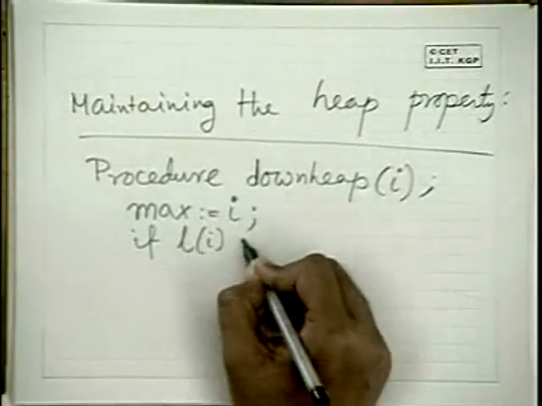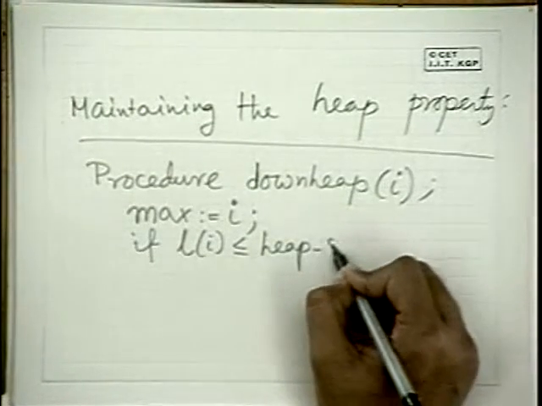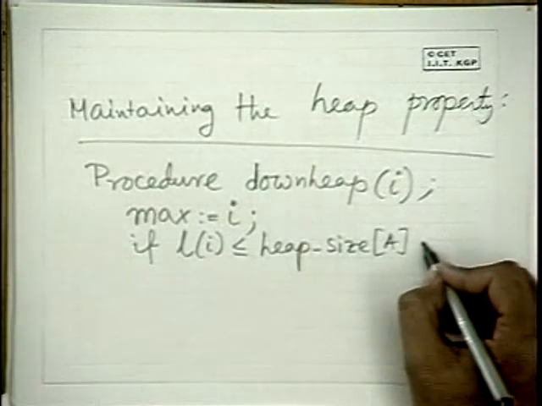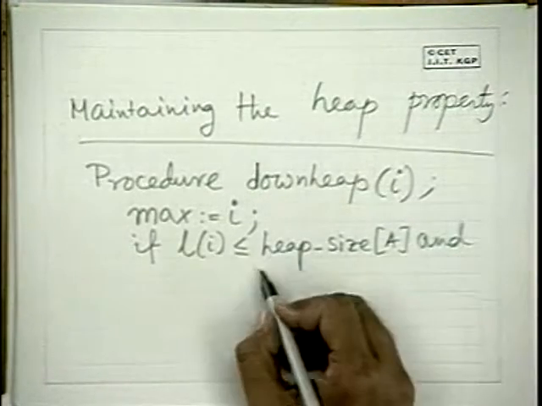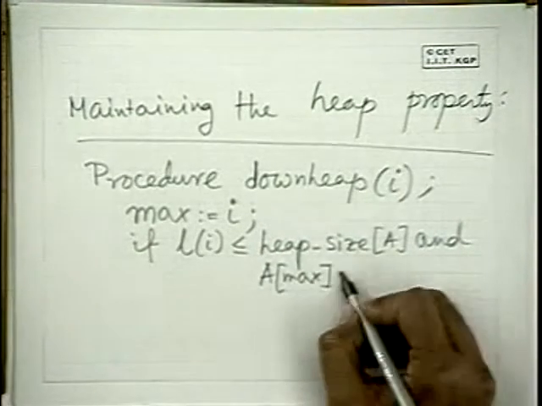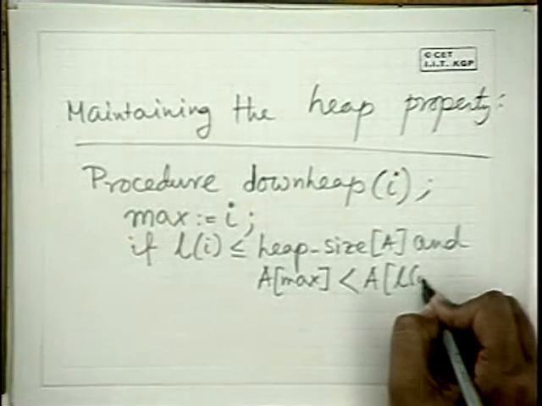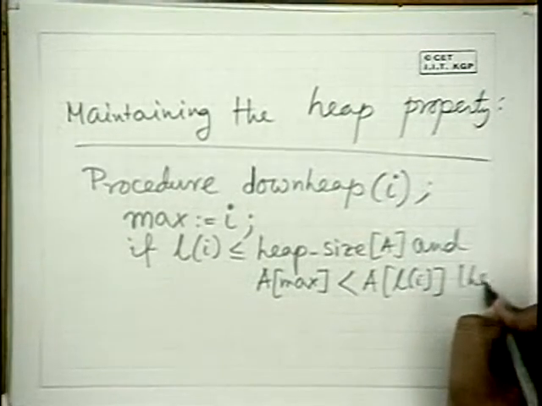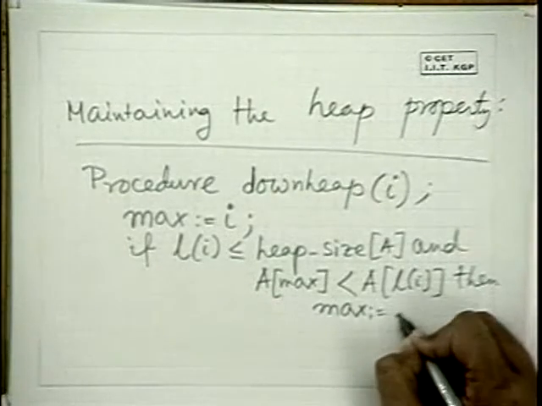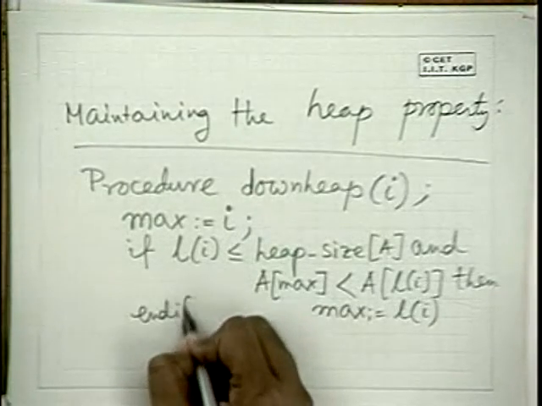If Li is less than or equal to heap size A, and A of max is less than A of Li, then max is equal to Li. This is the end if.